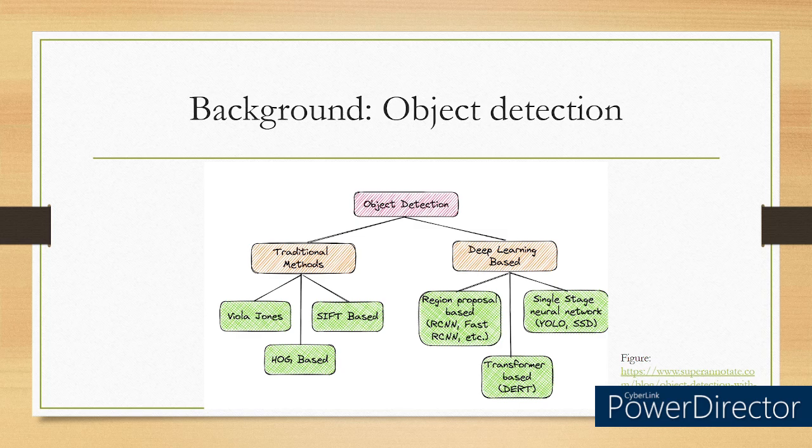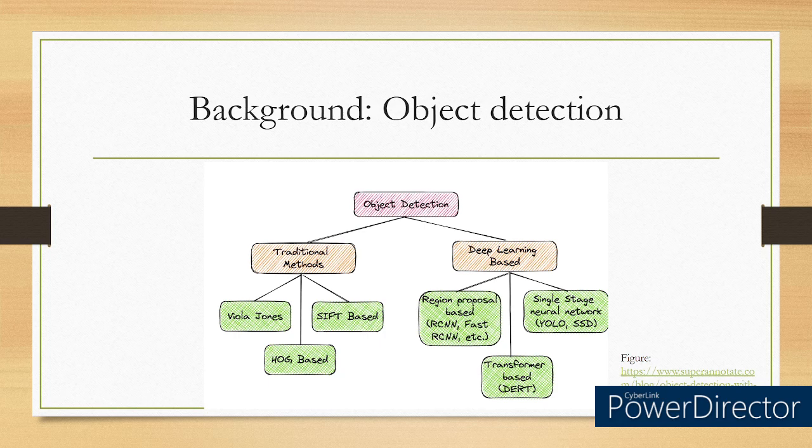In contrast, single-stage neural networks, such as YOLO, SSD, and RetinaNet, aim to simplify the pipeline by predicting object class labels and bounding box coordinates in a single pass, often achieving faster processing speeds than two-stage methods.